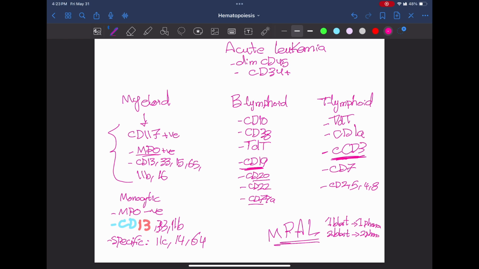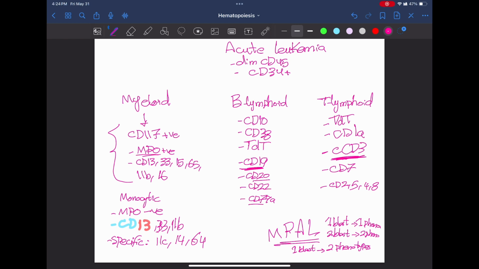That can be mixed phenotype acute leukemia, but you can also have one blast population with two phenotypes showing immunophenotypic evidence of myeloid and B lymphoid differentiation, for example. You can have myeloid and B lymphoid, you can have myeloid and T lymphoid, and you can have a combination of myeloid, B lymphoid, and T lymphoid, and you can have other rare combinations. To make a diagnosis of mixed phenotype acute leukemia, there are strict criteria that you need to follow, and we can discuss that in a separate video.